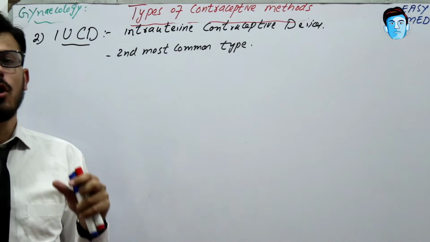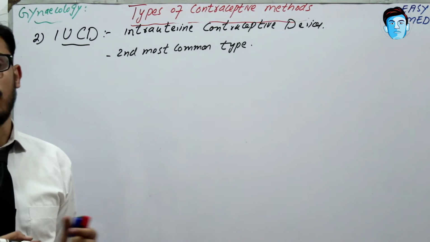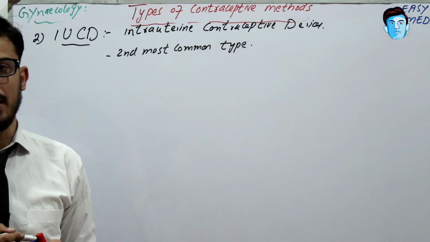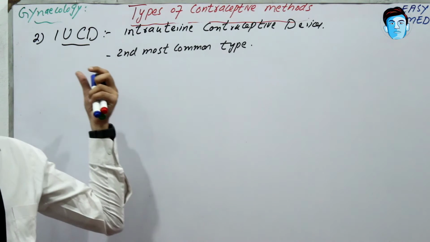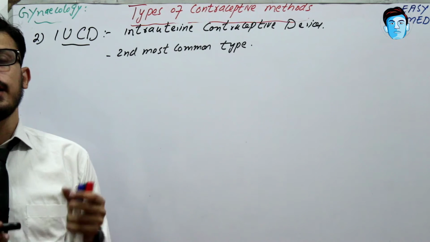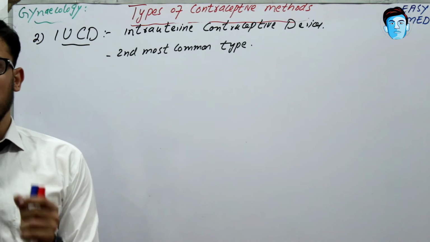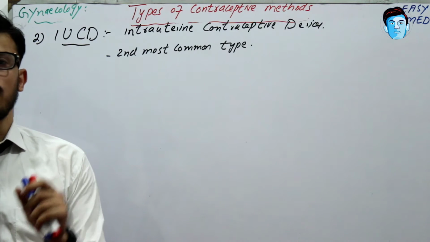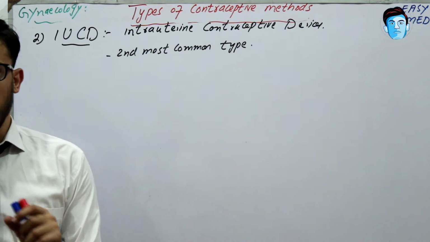While the most common type of temporary method of contraception is oral contraceptive pills, the second most common is IUCD. Now these IUCD are inserted by doctors or expert nurses into the female uterus through the vagina.